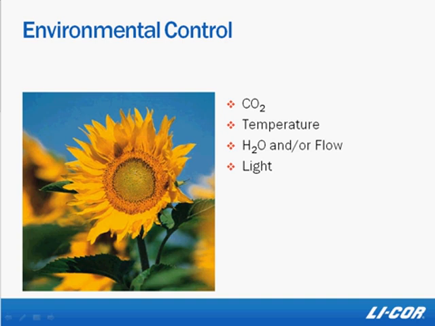Our environmental control options for a CO2 response curve are again focused on not changing anything but CO2. So, for CO2 control, we're going to use reference CO2. That's fast, and it's going to make it easier for us to adjust to our different set points. For temperature, again, if it's at all changeable, control leaf temperature to a constant value. You might be able to skip this if you're working in a temperature-controlled environment.